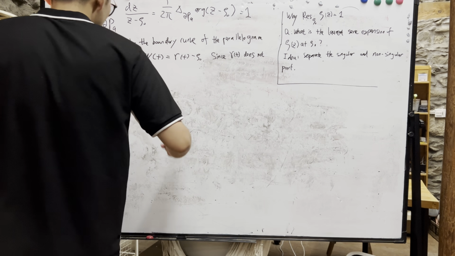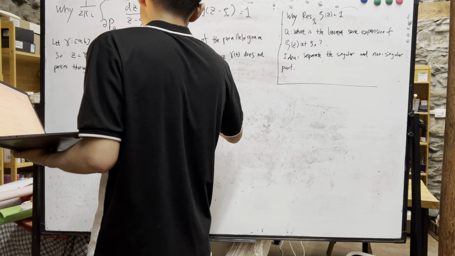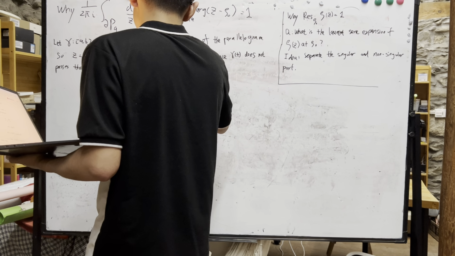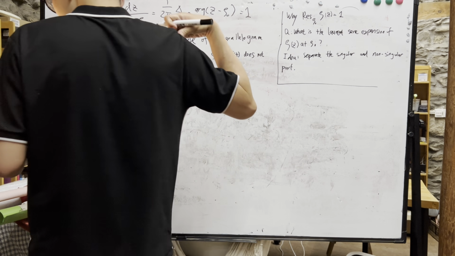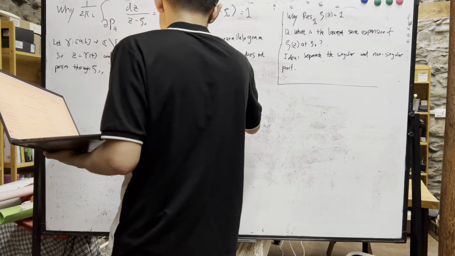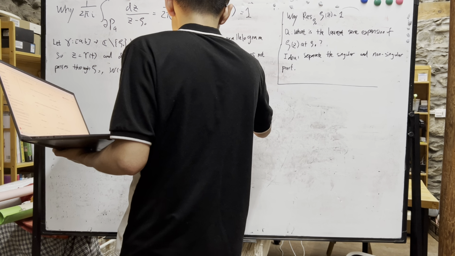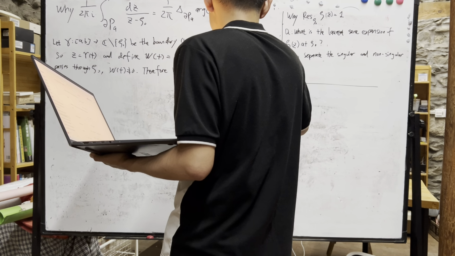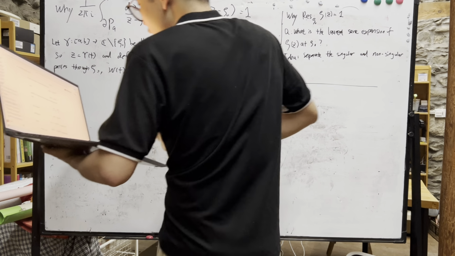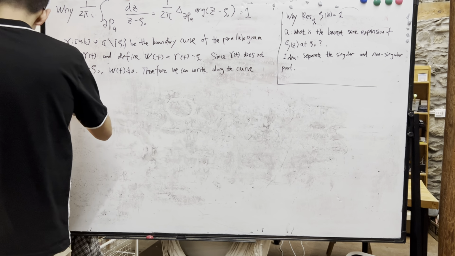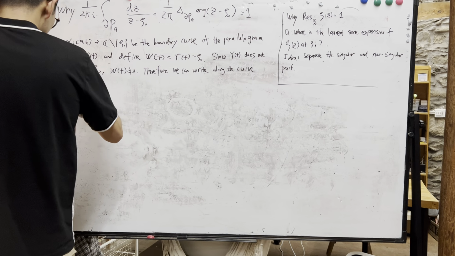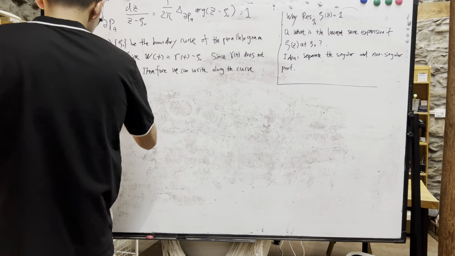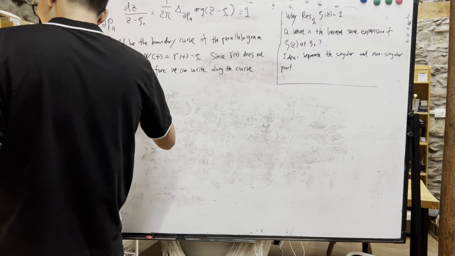Therefore, we can write along the curve w of t equal to r of t e to the i theta of t, where r of t is just the radius.